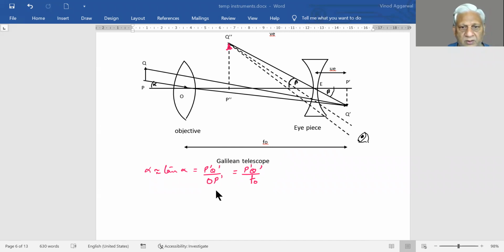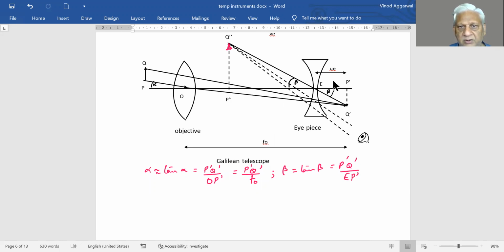Similarly, beta is nearly equal to tan beta. This is our beta, this is also beta, opposite angles. This is equal to the size of the image P dash Q dash divided by EP dash.